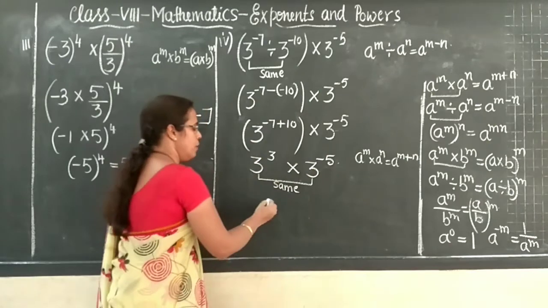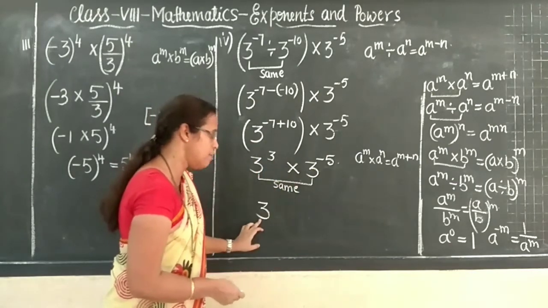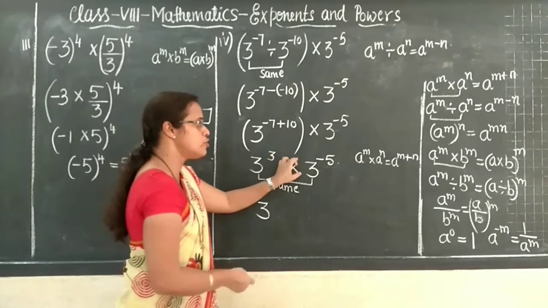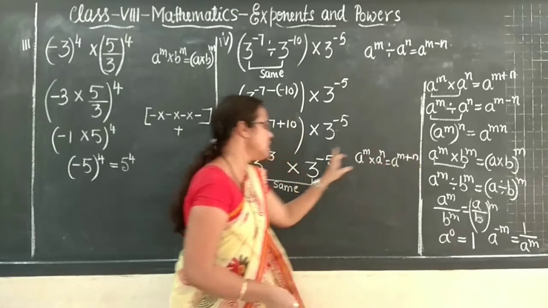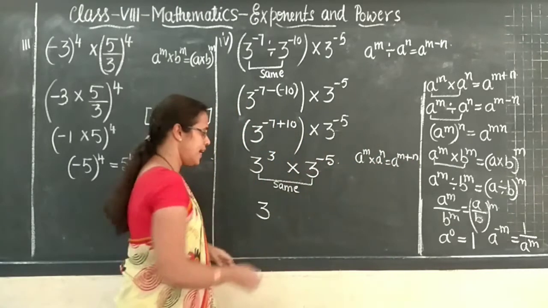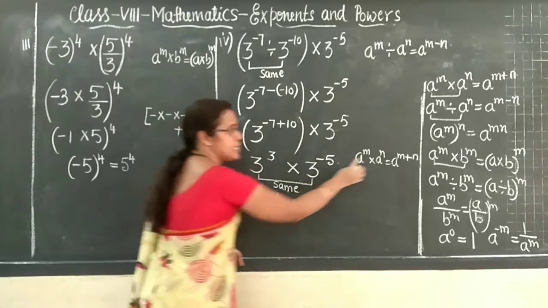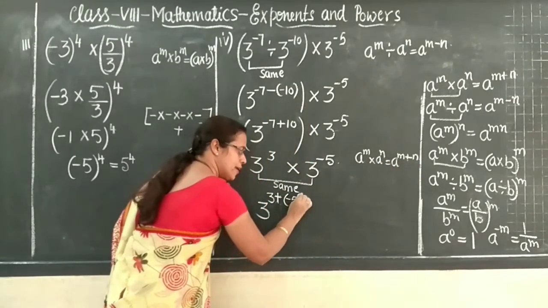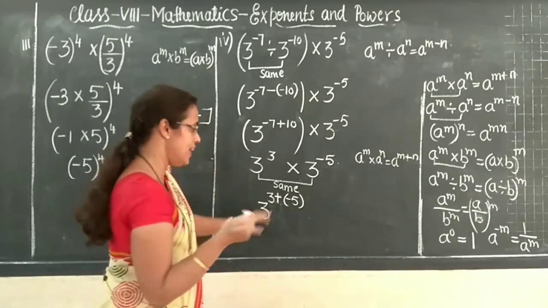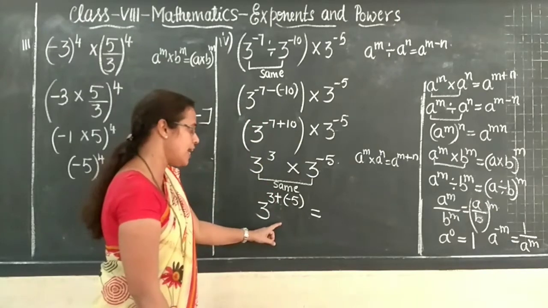Okay children, so it will become 3 to the power 3 right as it is, same base right as it is, powers you have to add. M is 3, n is minus 5. Can I add and write children? So 3 plus m plus n. N is negative, so bracket put children. Okay, so when there is a negative number, you should put the bracket and can understand very easily.